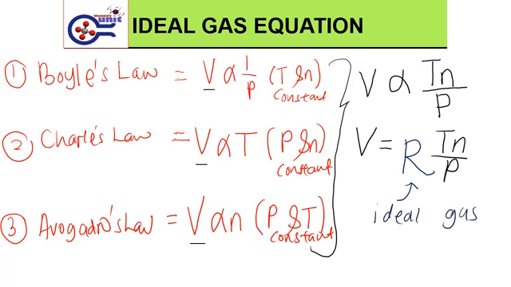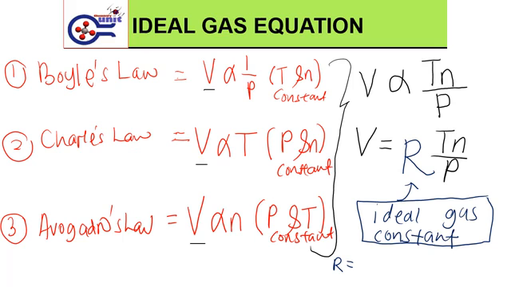We no longer use small k. R refers to the ideal gas constant, and its value is per mole. So the value for R is 0.08206 liter atm per mol per Kelvin. That is the unit and also the value of the R constant. Okay?